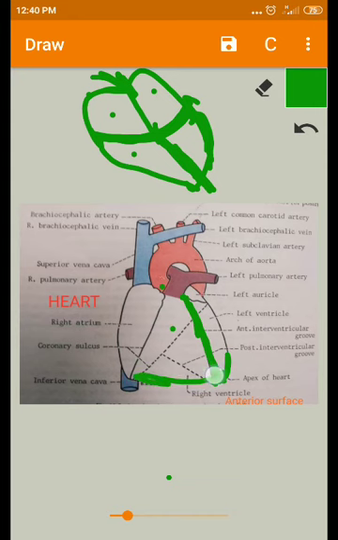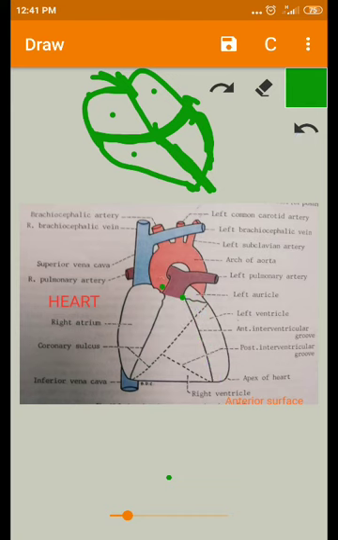By the left side of this groove we have the apex of the heart, and by the right side we have the inferior border of the heart. This is about the anterior interventricular groove.